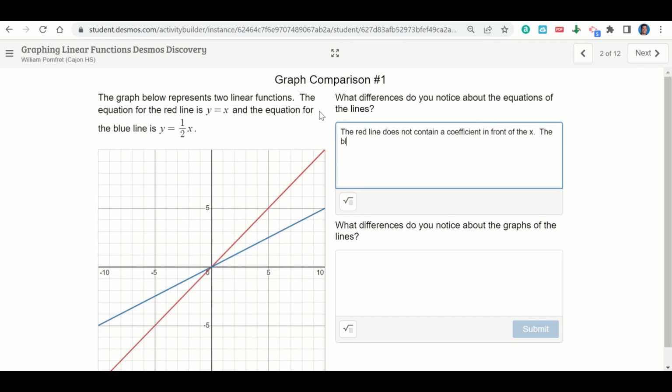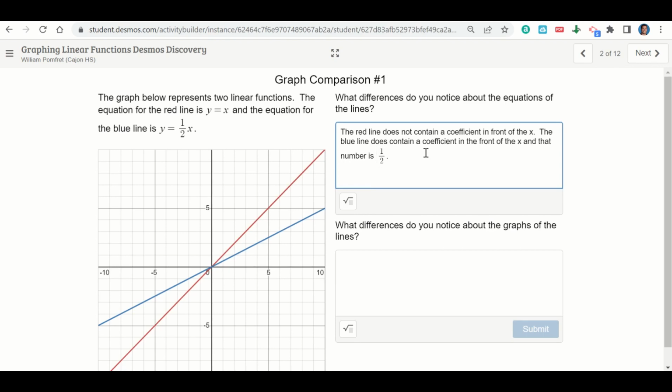The blue line does contain a coefficient in front of the x, and that number is, and I'm going to go ahead and use this symbol to make sure it types math, 1/2.